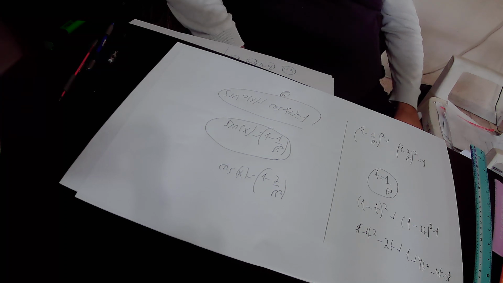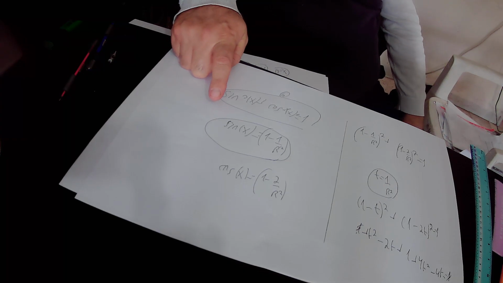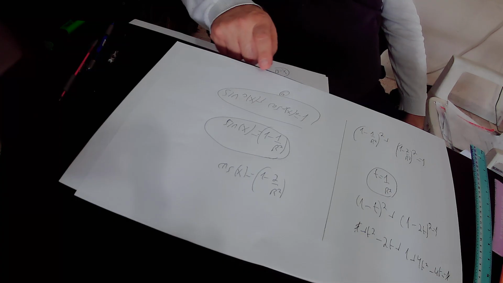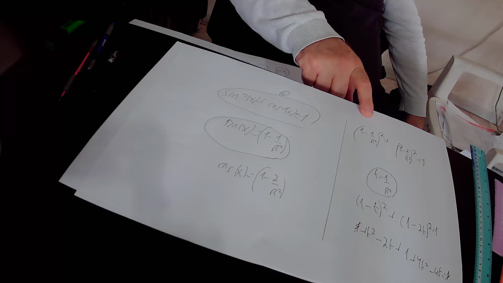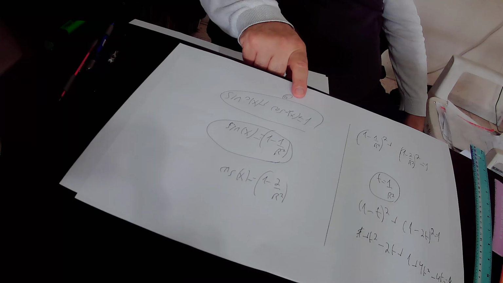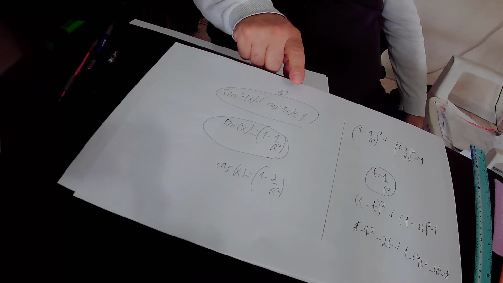Now we substitute sine x and cosine x by those two expressions. We found that sine squared x is (1 minus 1 over r squared) squared, plus cosine squared x, where cosine x equals 1 minus 2 over r squared.